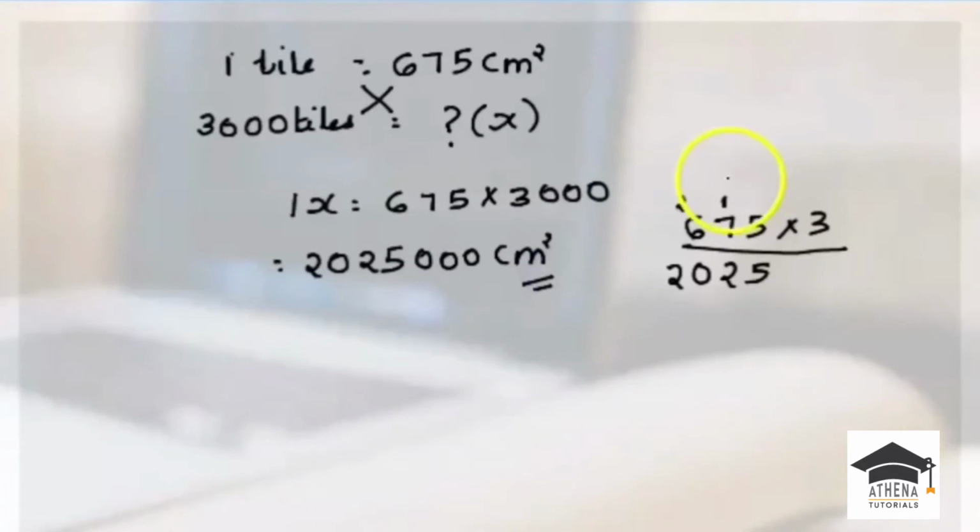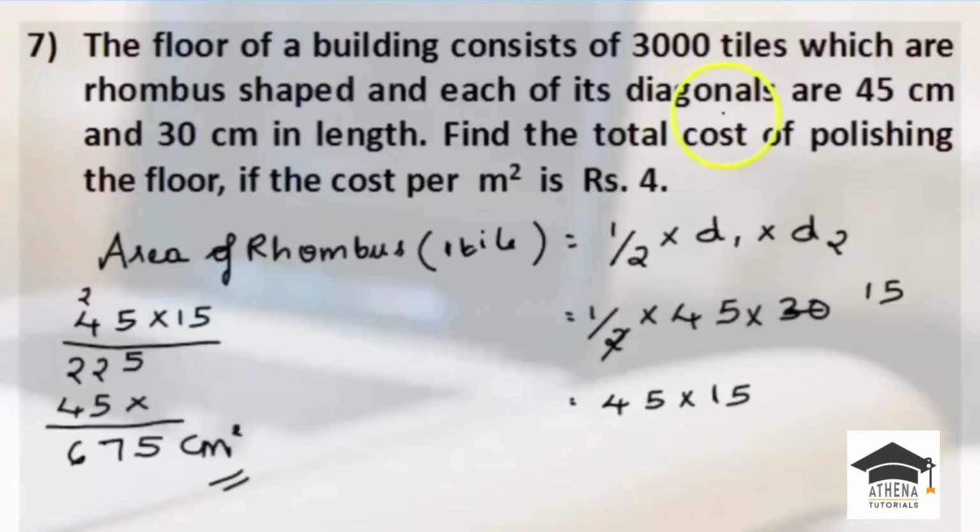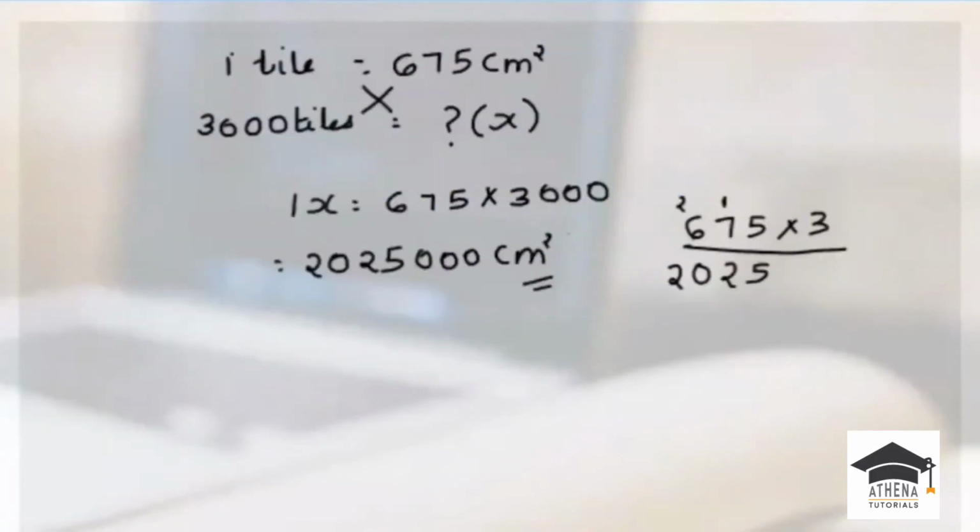But observe carefully, in the question they have given the cost per meter square. The cost per meter square is ₹4, but we have the total area in centimeter square. So we need to convert the centimeter square into meter square. Okay, let's do it.